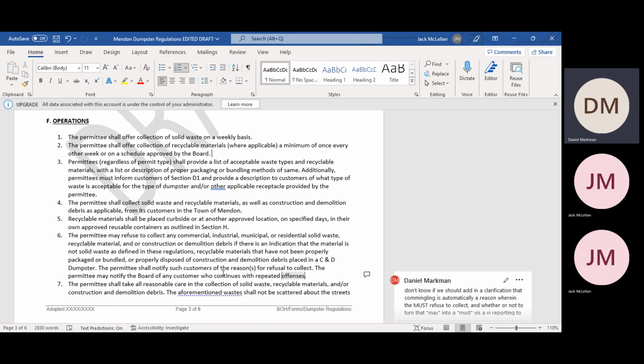And if you so choose, you can add in one of those two sections that certain types of dumpsters can only be maintained for certain periods. So for example, you could add under, say, either operations or dumpsters, it depends, that a dumpster maintained on a residential property cannot exceed a period of 90 days, 120 days, what have you.